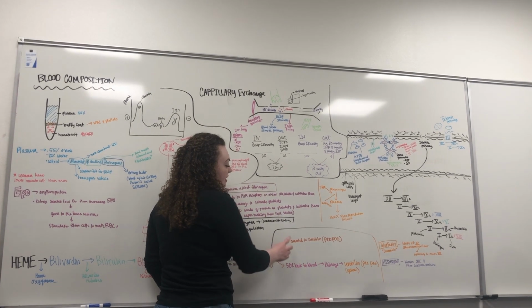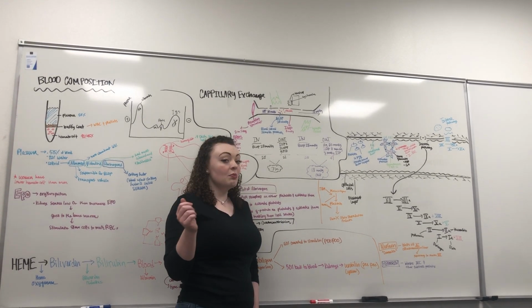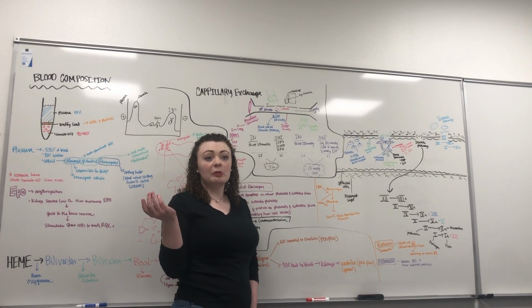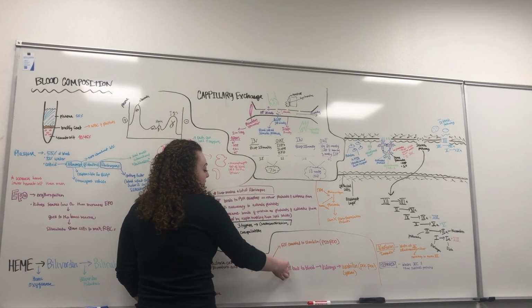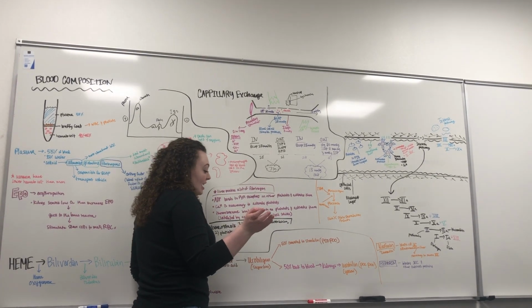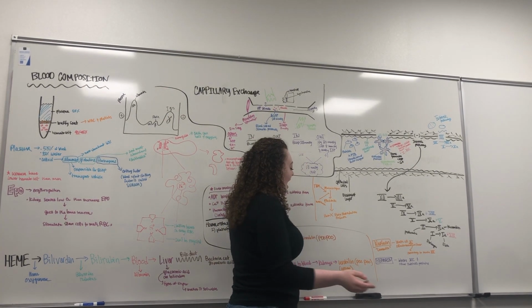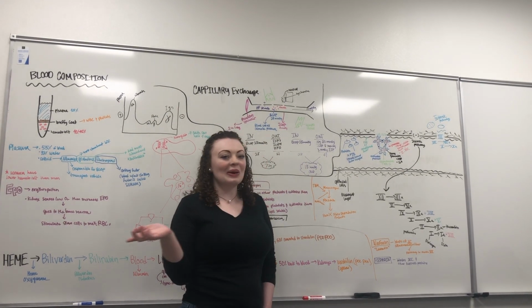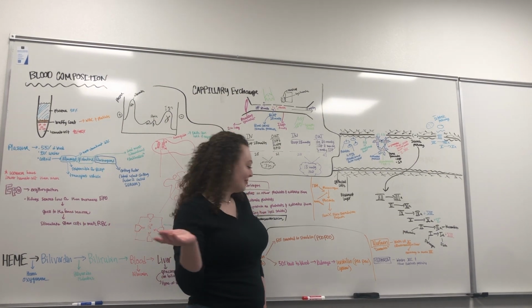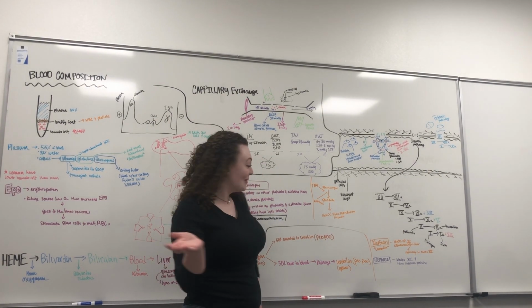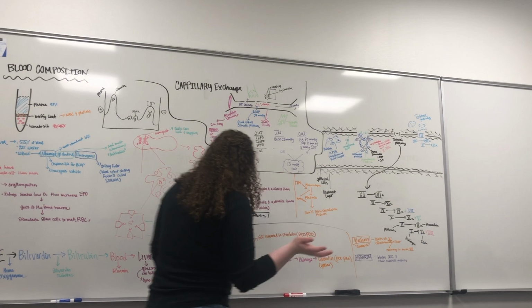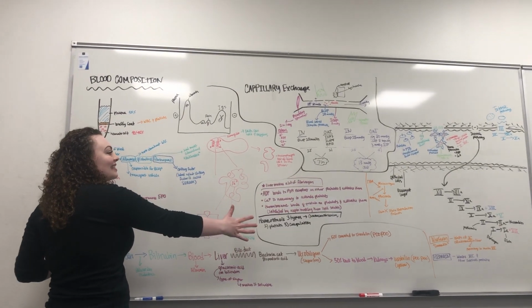So 50% is converted to stercobilin, which is going to turn into your poo-poo. And then 50% on the other side is going to go back to your blood, which then goes to your kidneys, which then turns into urobilin, which you know what that is? Your pee-pee. And that's going to be yellow. So, that's kind of the process that this takes.